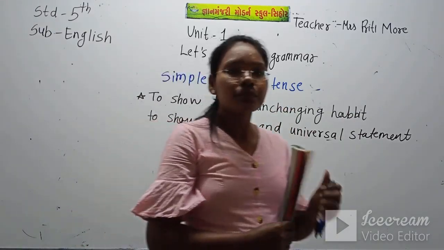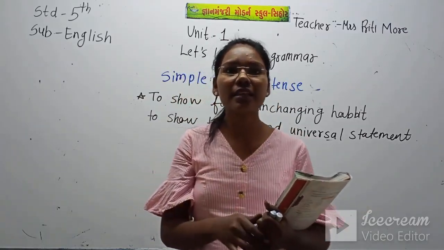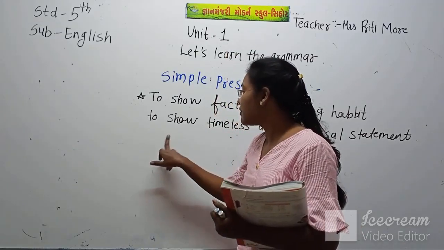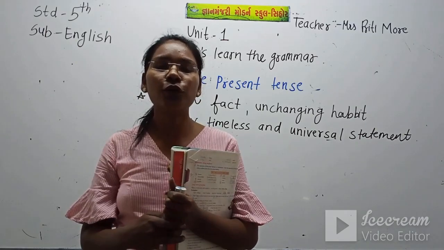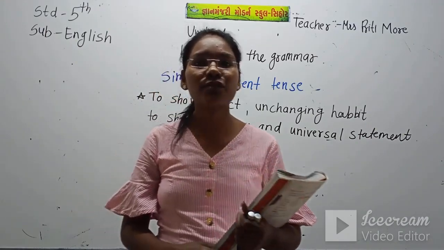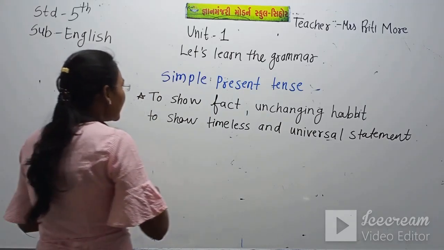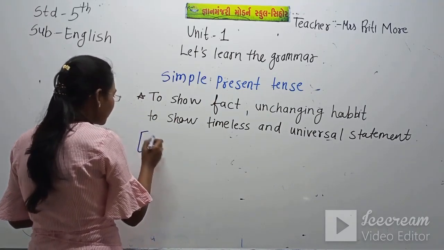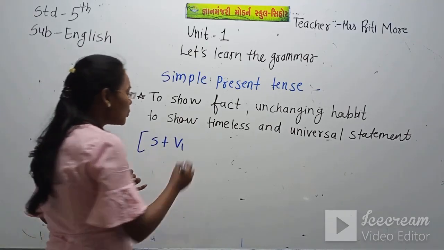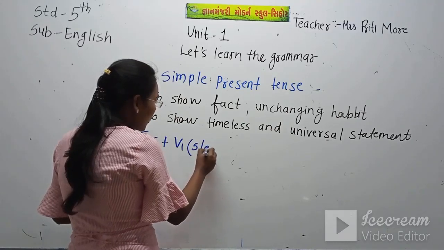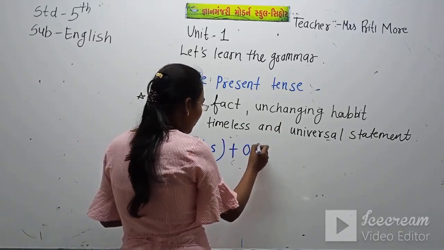And we know the main verb is there. Verb is very important to make a sentence, and it plays a very important role in making the sentence. So there is one formula: subject plus verb, first form, we have to use s or es according to the subject, plus object.